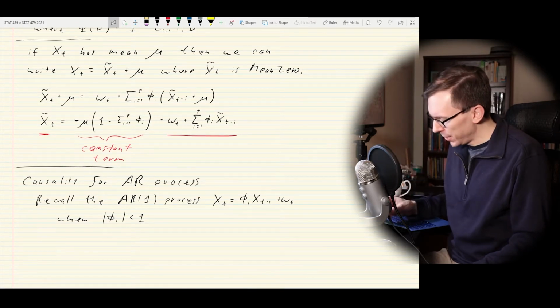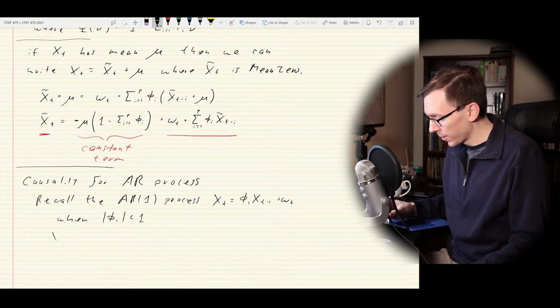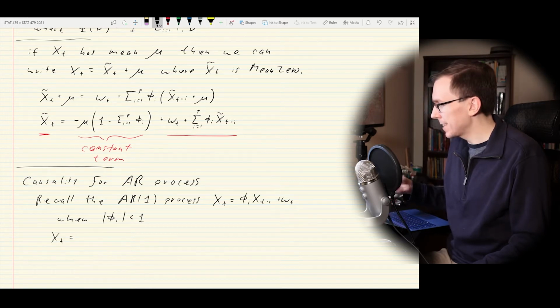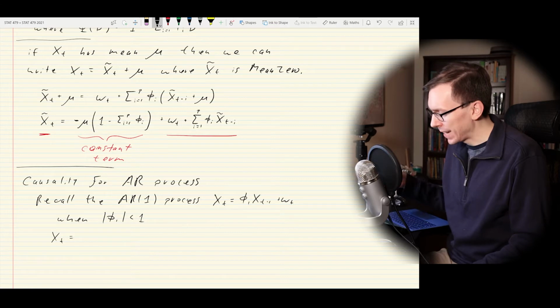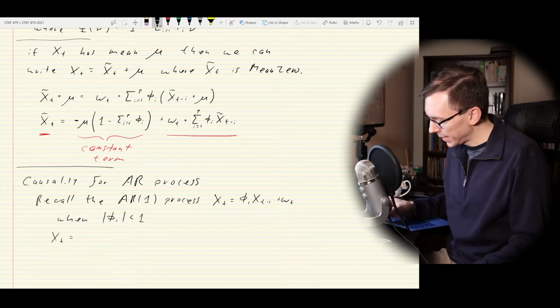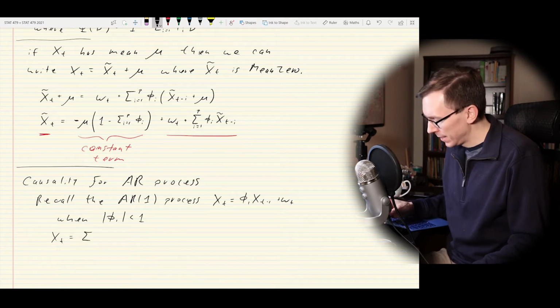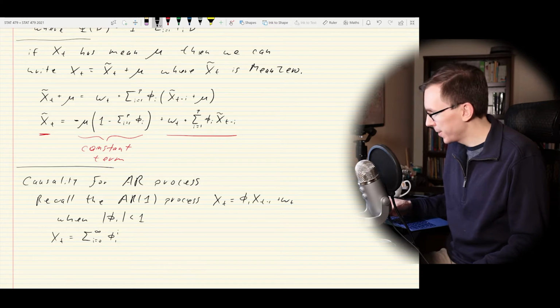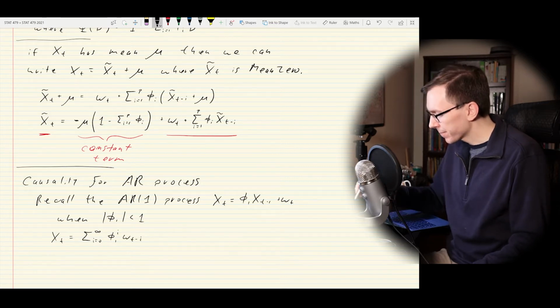Well, we know from what we looked at before in this course that if phi sub 1 is less than 1 in absolute value, then I can rewrite this process in terms of a linear process. Here i is going to be from 0 to infinity, and we have phi 1 to the ith power times w t minus i.